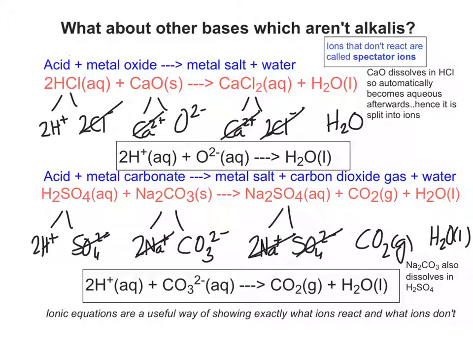So even though it's listed as a solid, because that's how it comes, and you add the solid to the acid, the solid then dissolves, and as it does so, it splits into its ions. So that's why I put Ca2+ and O2- for calcium oxide, and 2Na+ and CO3 2- for sodium carbonate. It's a good one to watch out for, because they do sometimes list it like that, and you're expected to know that as a solid base, it would dissolve naturally in an acid.